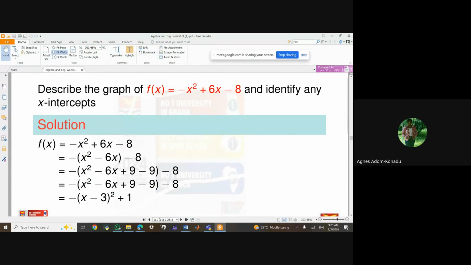Then you close the bracket, minus 8. So this is the same as that. And then I'm going to get x squared minus 6x plus 9. Then this 9 will move to this side. I already have negative, so negative will be positive 9. So positive 9 minus 8 will give me plus 1. Then x squared minus 6x plus 9 can be written as (x minus 3) all squared.